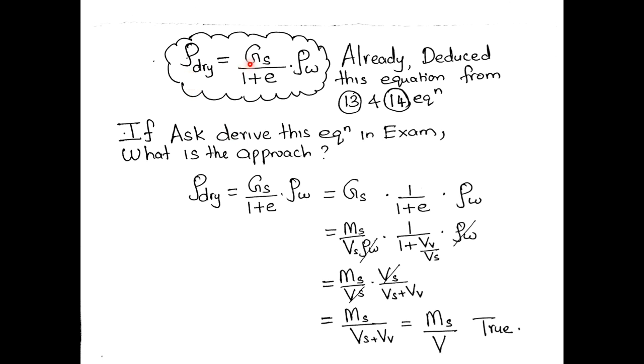Dry density is equal to Gs over 1 plus E into rho W. Check the previous slide. It is already reduced from equation number 13 and 14.